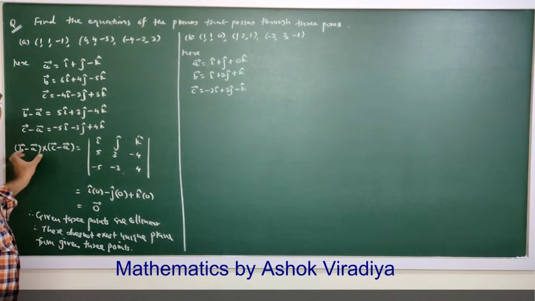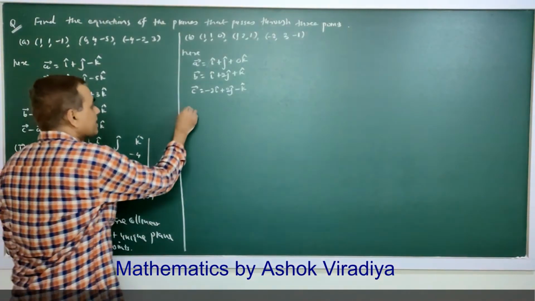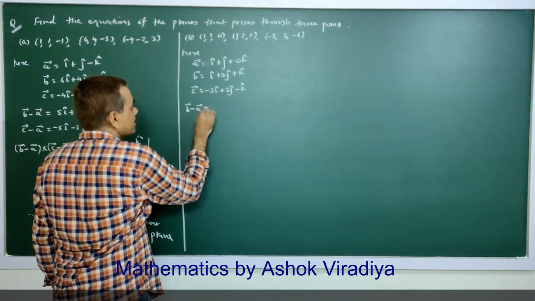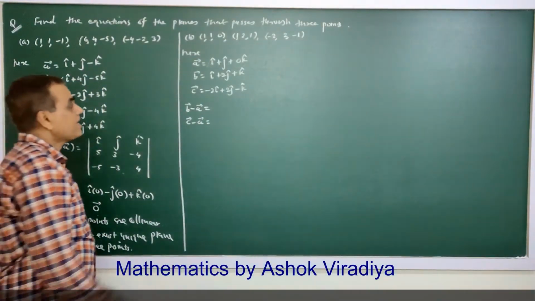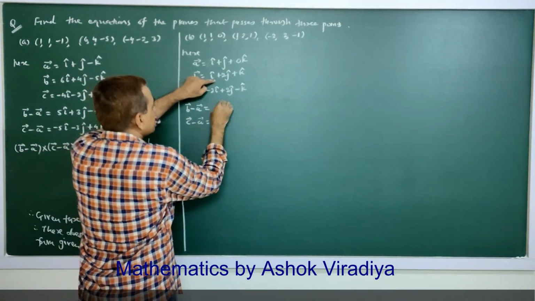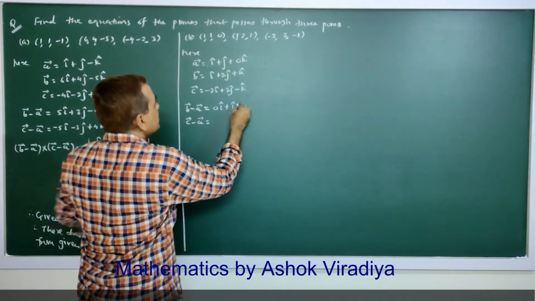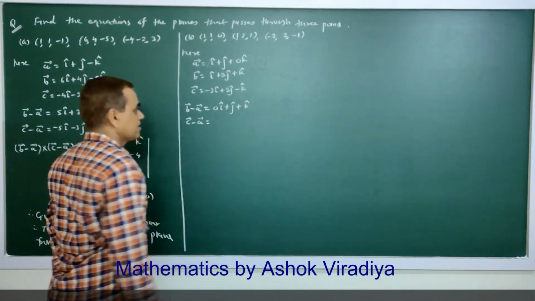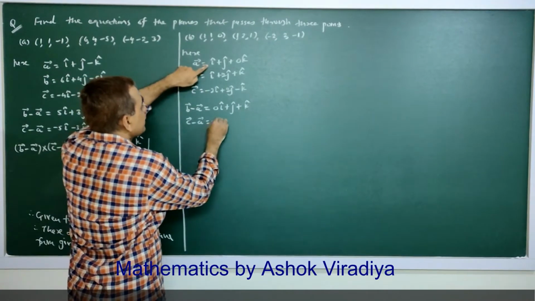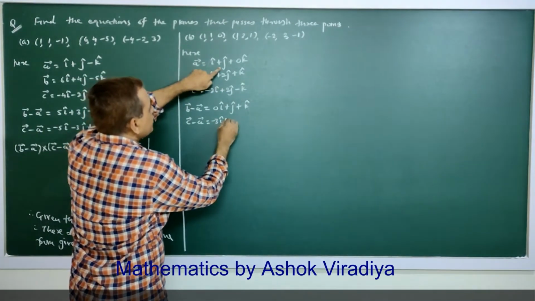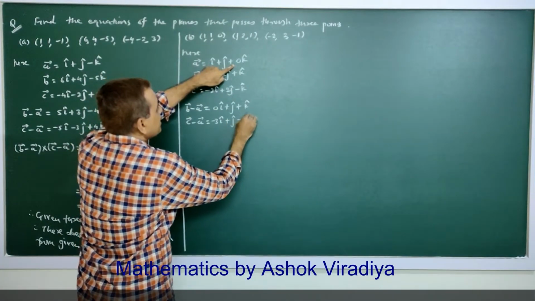Now we find vector B minus vector A cross vector C minus vector A. So see, vector B minus vector A, that is 0i plus 2 minus 1, 1j, 1 minus 0, that is 1k. Vector C minus vector A, so minus 2 minus 1, minus 3i, 2 minus 1, 1j, minus 1 minus 0, that is minus k.